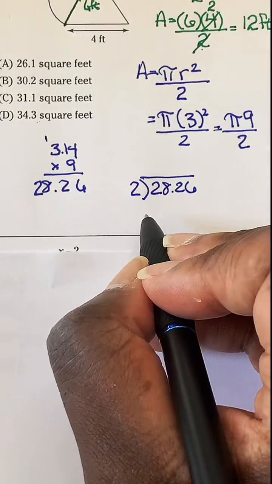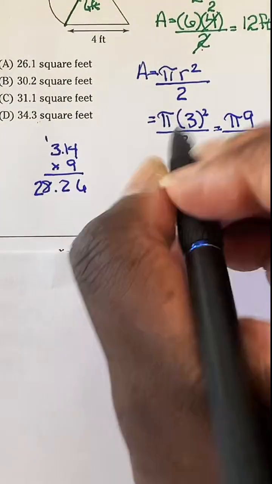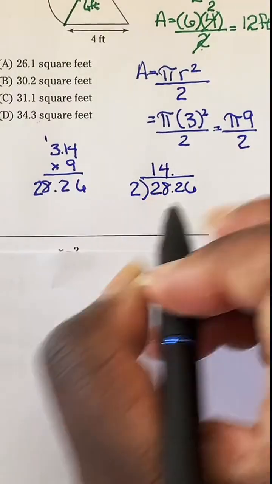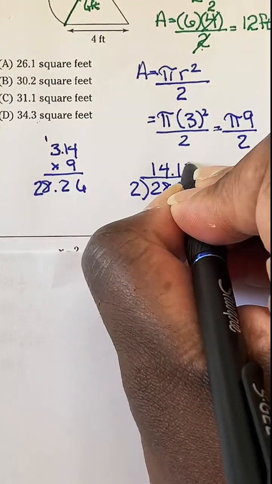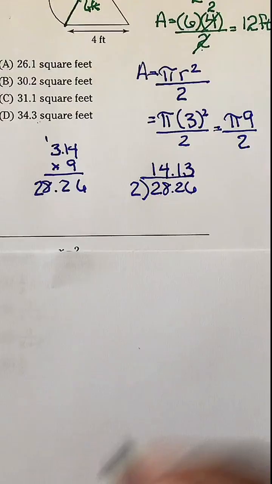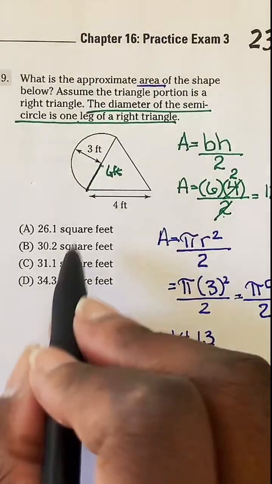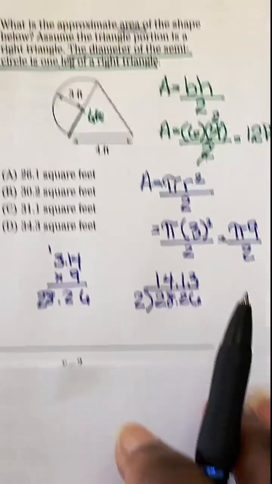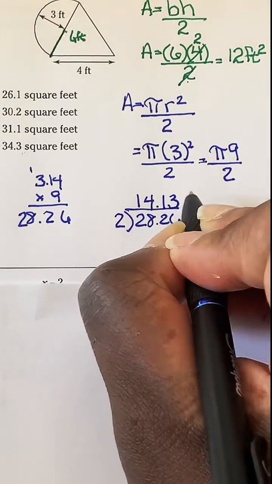How many 2's go into 2? 1. How many 2's go into 8? 4. How many 2's go into 2? 1. How many 2's go into 6? 3. So for that semicircle, the area is going to be 14.13 square feet.